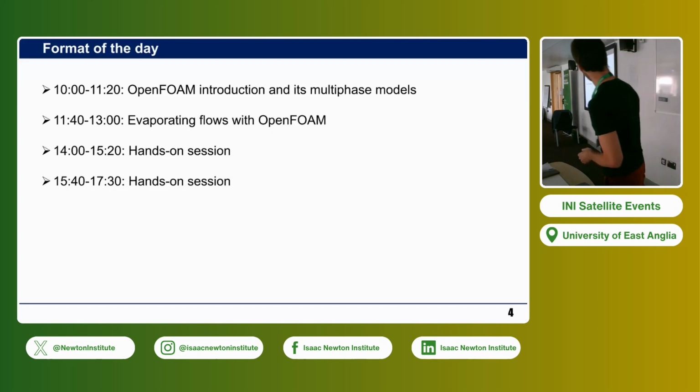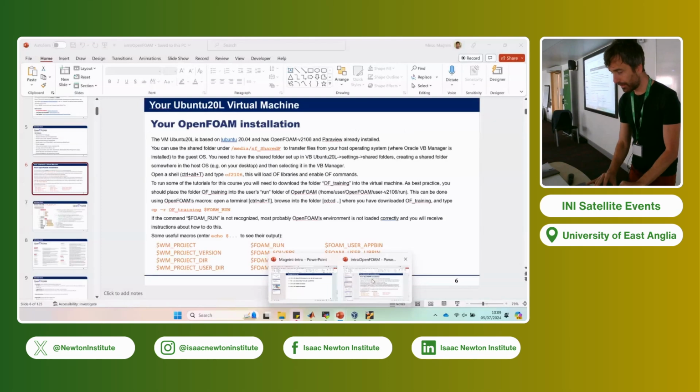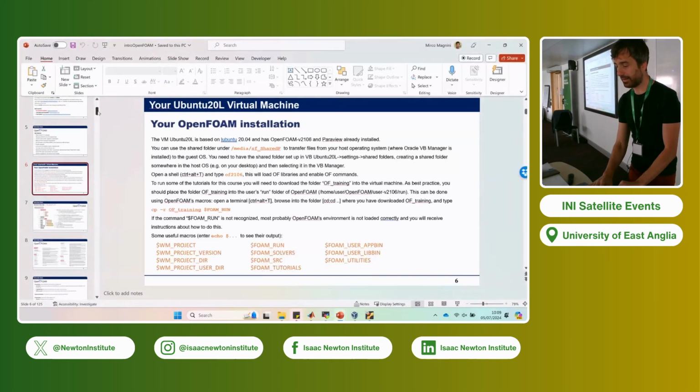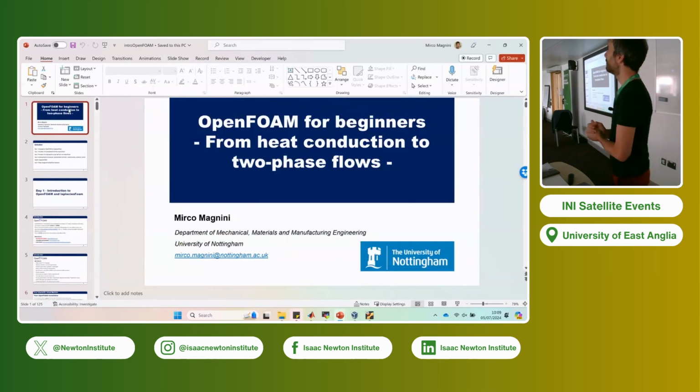So this was just a brief introduction slideshow, and I'm going to move to these slides here. We have shared with you a link where you could download the entire virtual machine. So what is going on here? Why do we have this?